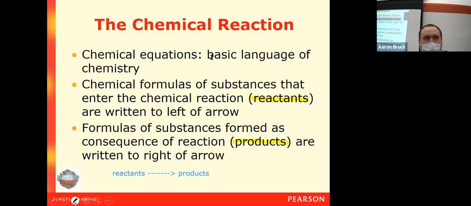Now, in the previous chapter, we got a lot more detail about what chemical formulas were, what the little numbers mean, why we arrange them the way that we do, and the difference between an ionic compound that's made out of metals and nonmetals versus molecular compounds that are made out of just nonmetal elements.